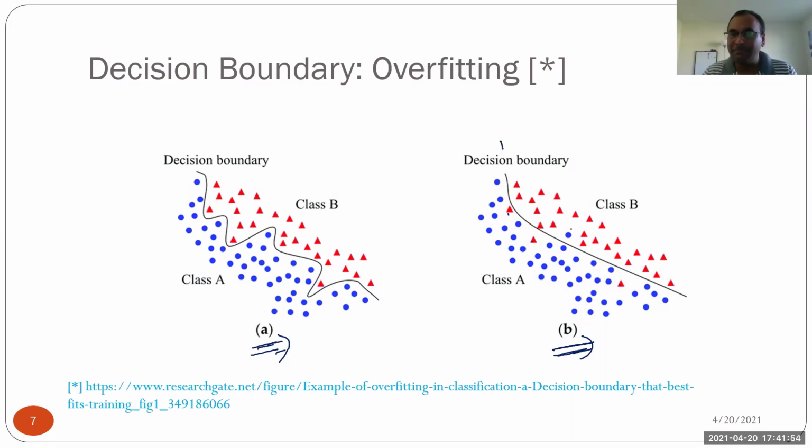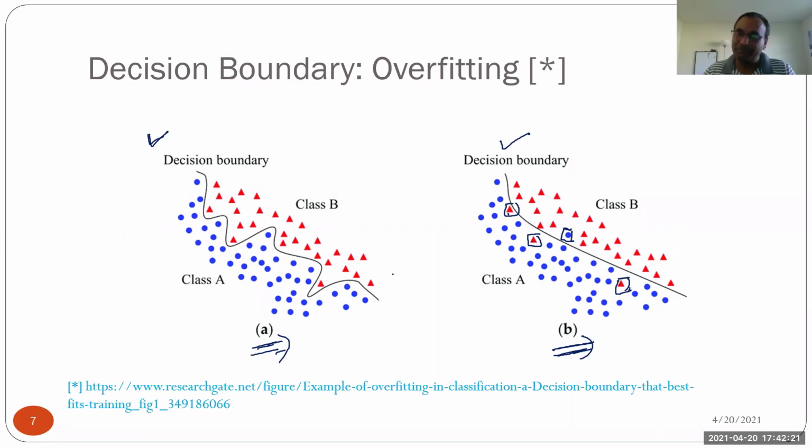Why? Because this is a simple decision boundary, whereas the decision boundary that you have in A is more complex. Although there is no error because of this decision boundary, it is overfitting the data. The chances are that these data points you're looking at might be just because of the error. It's possible that these are just noise, right?